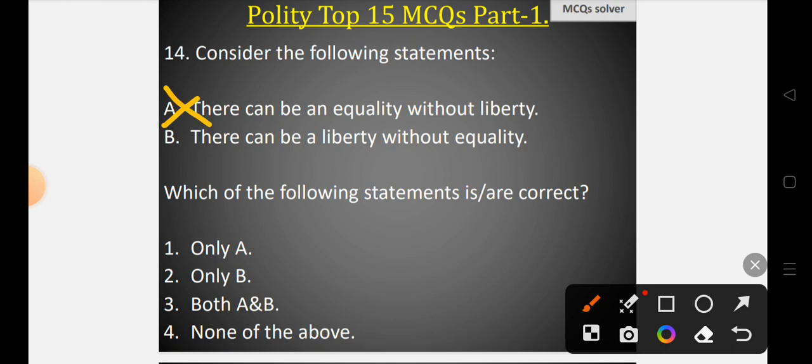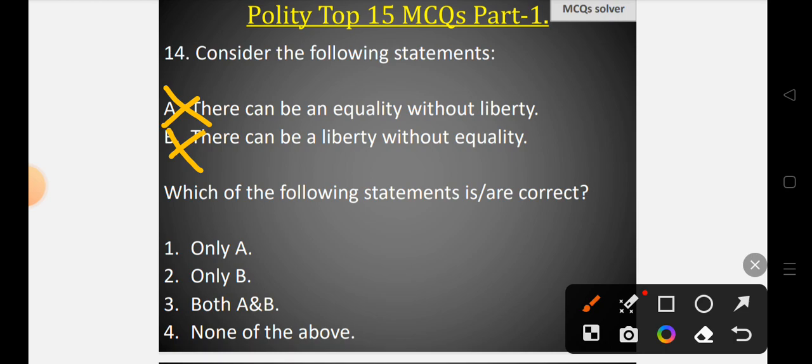Also, statement B is incorrect, because if there is liberty, there will also be equality. As I told you, if the boy comes home at 6 p.m., the same rights should be provided to the girl.